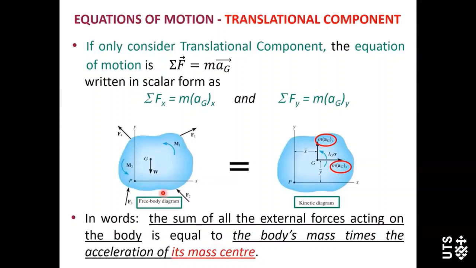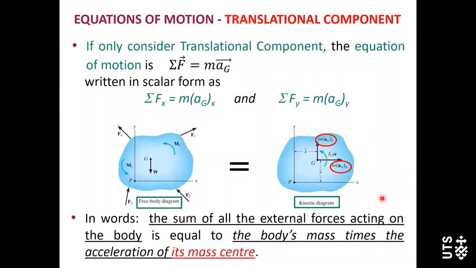The acting point of weight force is the mass center point G. Other external forces include F1, F2, F3, and F4. And here there is the coordinate system. This coordinate system x, y, its origin is at point P.